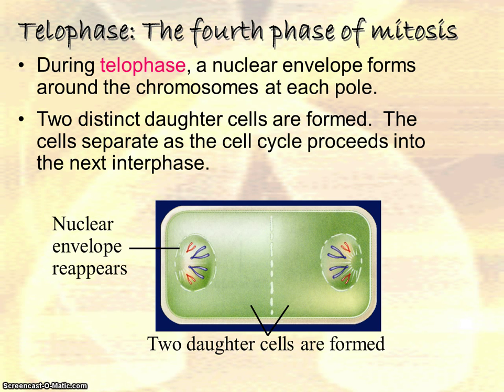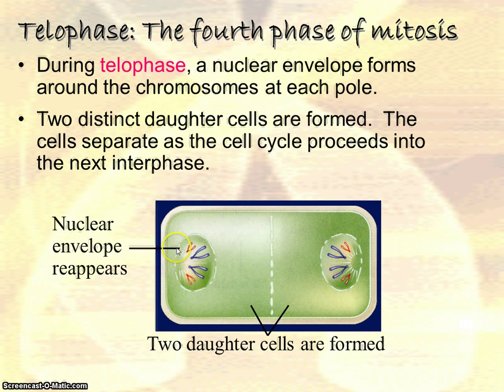And then the fourth stage of mitosis, telophase, what's going to happen is a new nuclear membrane or envelope is going to form around the two different sections of chromosomes that were pulled in opposite directions. And then you also get two new cells forming as a result.